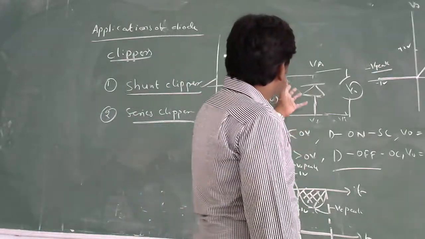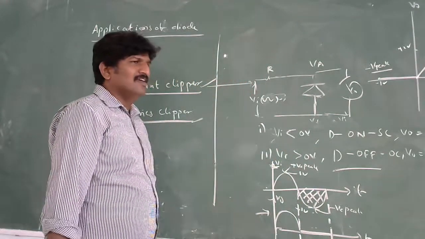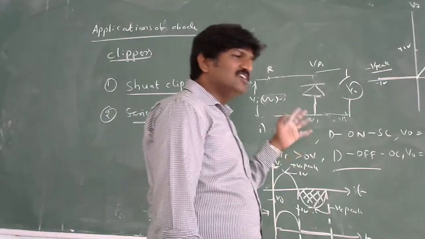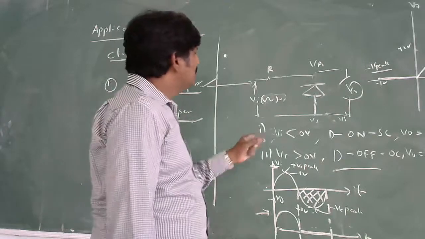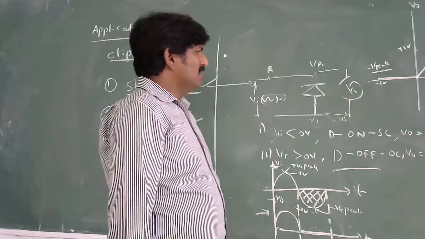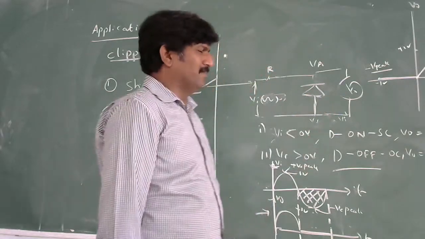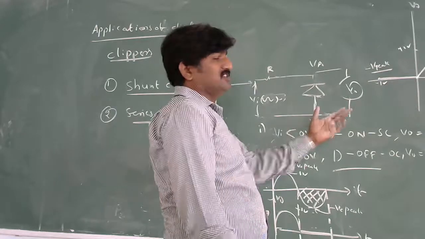What is the name you can give for this circuit? Negative clipped shunt clipper. This is the basic understanding of the clipper. For this, again, you have to improvise in many ways.